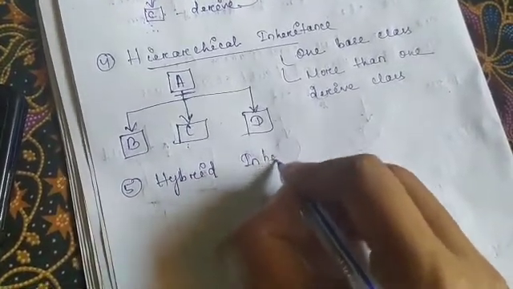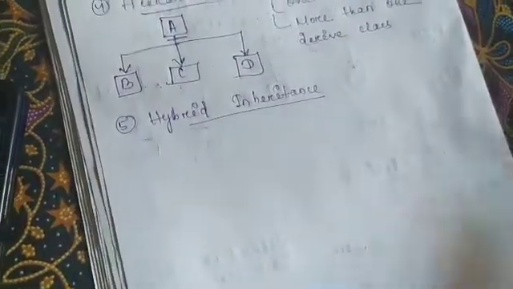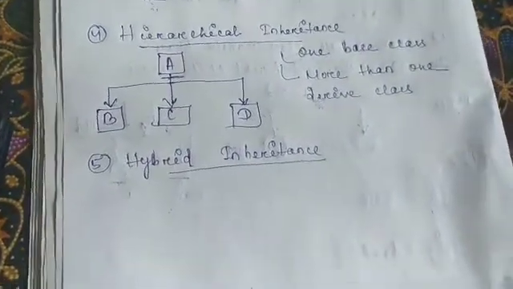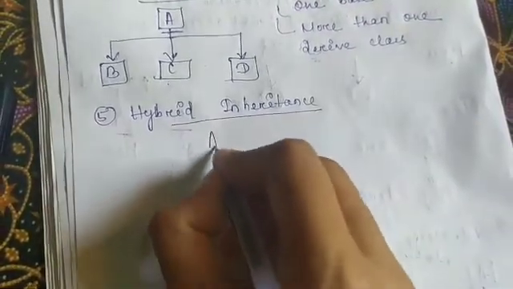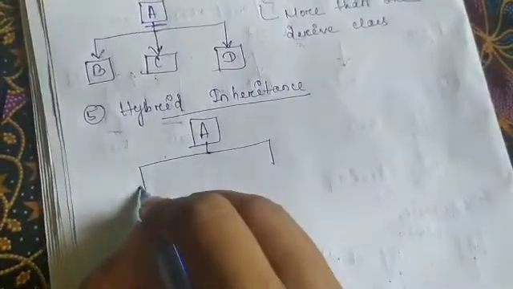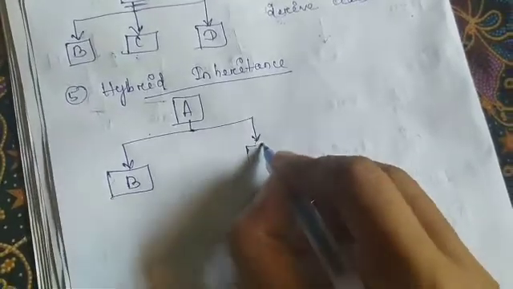And the next one is hybrid inheritance. As the name suggests, hybrid means mixture. You can mix any two inheritances to create another inheritance form.